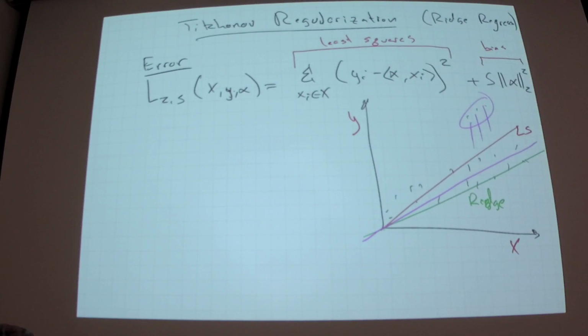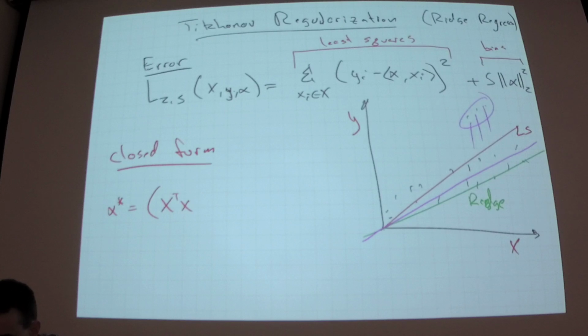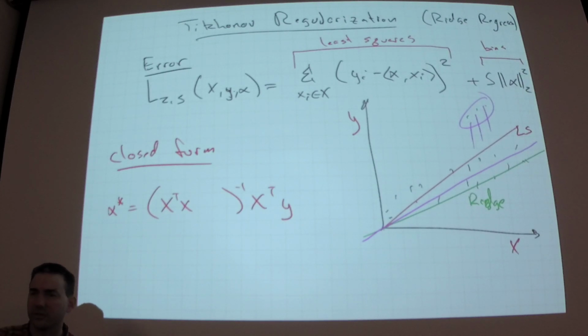One of the other nice things about this is there's still a closed form solution. I have this nice thing where alpha star is equal to x transpose x inverse x transpose y. I could solve for alpha star exactly.